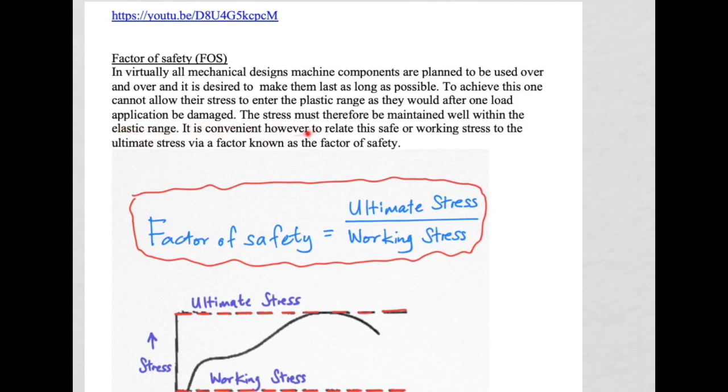It is convenient, however, to relate this safer working stress to the ultimate stress via a factor known as the factor of safety. So if you know where the material breaks, in other words, at what stress the material breaks, and you know how safe you wish to make your design, you can easily calculate the stress that you are going to use and hence use in your calculations.